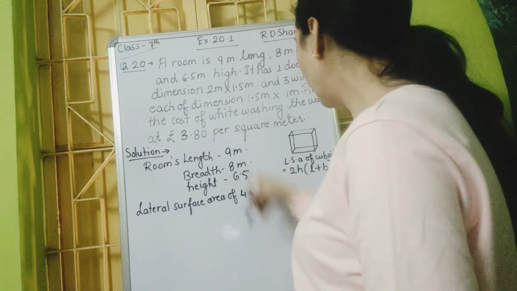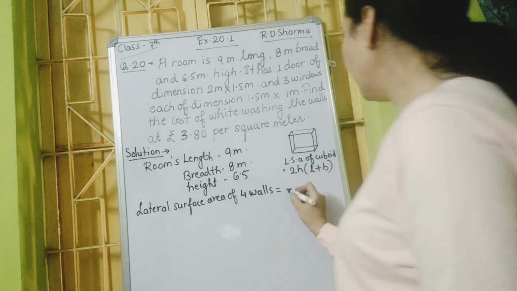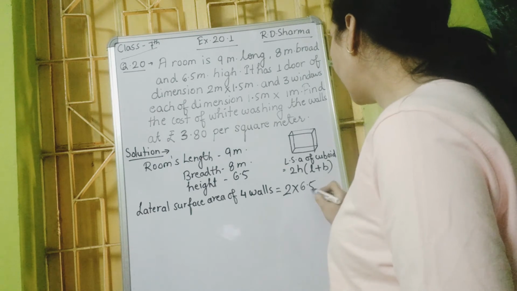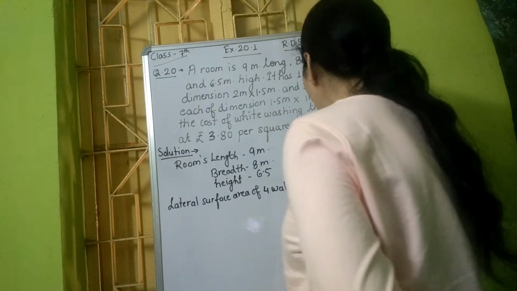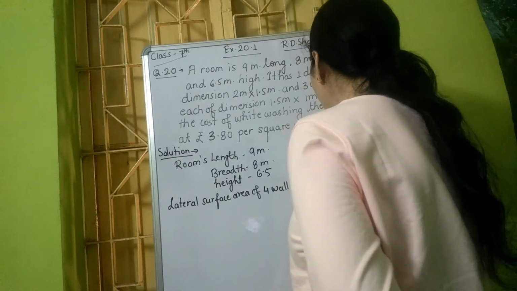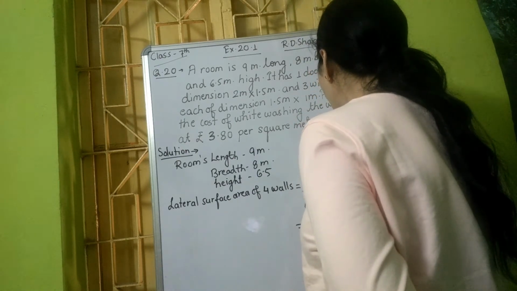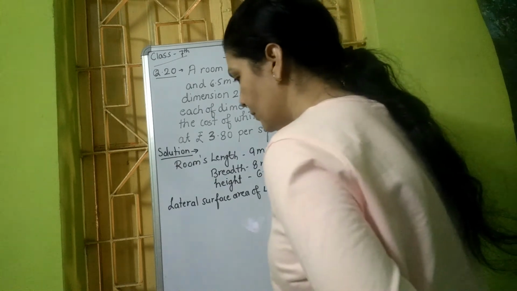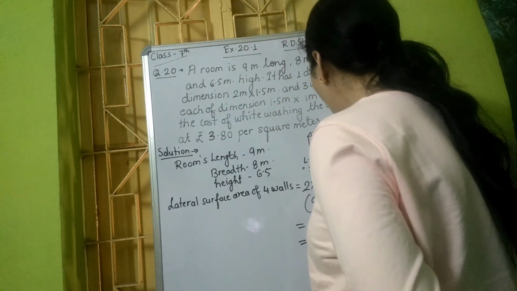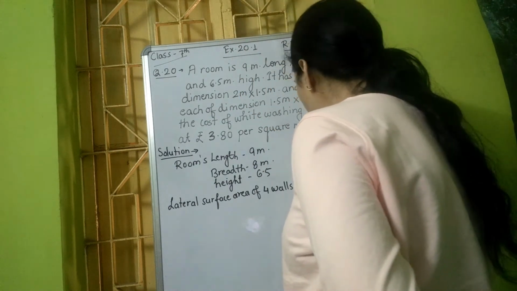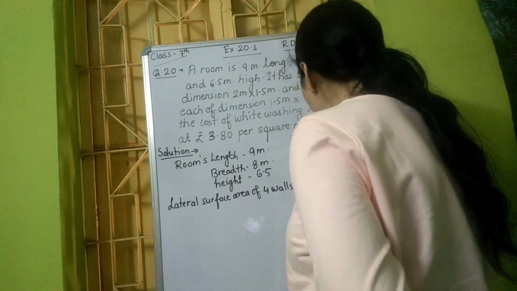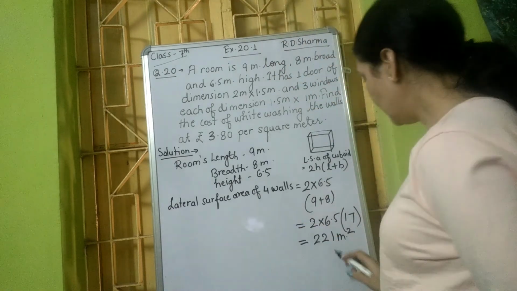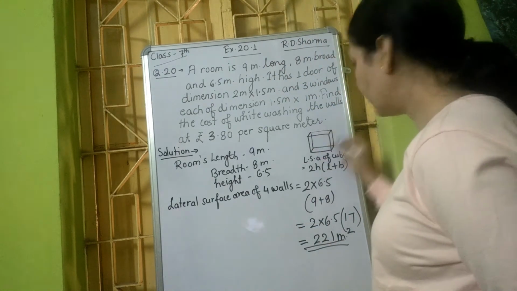Lateral surface area of 4 walls will be, according to 2H(L plus B), 2 into 6.5 in bracket, 8 plus 9, which is 17. When you multiply all, you will get 221 meter square. Okay, because this is the lateral surface area. So this will be your lateral surface area of 4 walls.